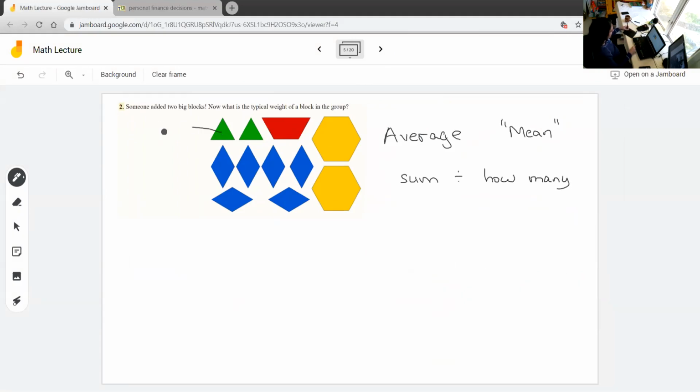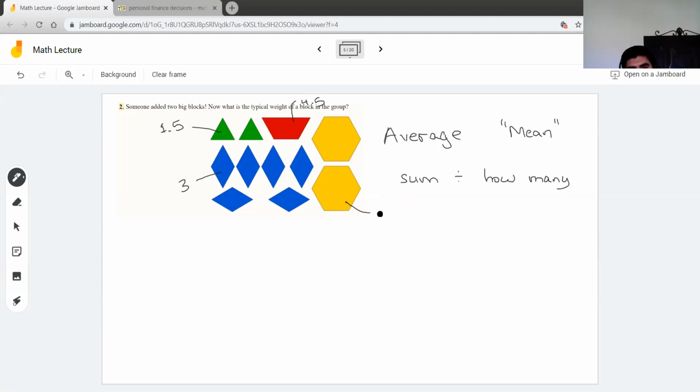Again, these were 1.5. These were 3. These were 4.5. And then what's the yellow going to be? 9. 9, right? Twice the 4.5. Or 6 of the 1.5s. Or 3 of the 3.